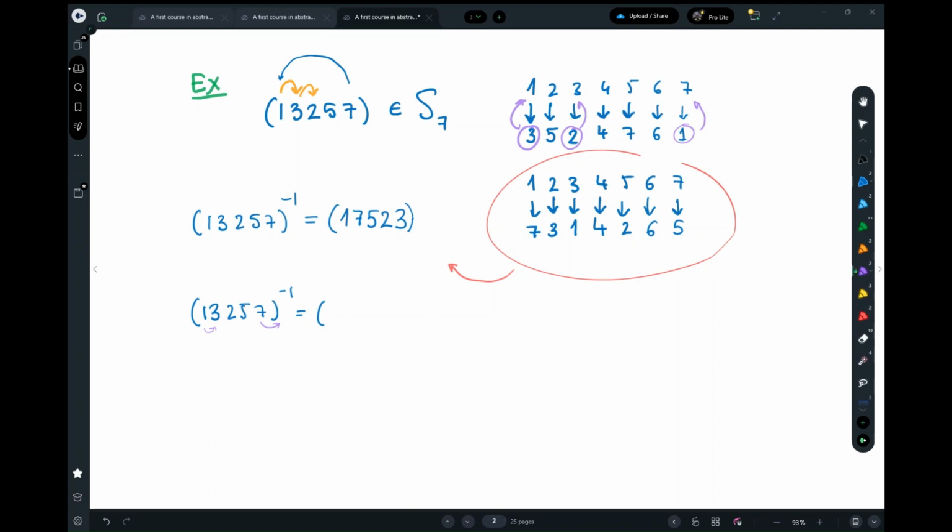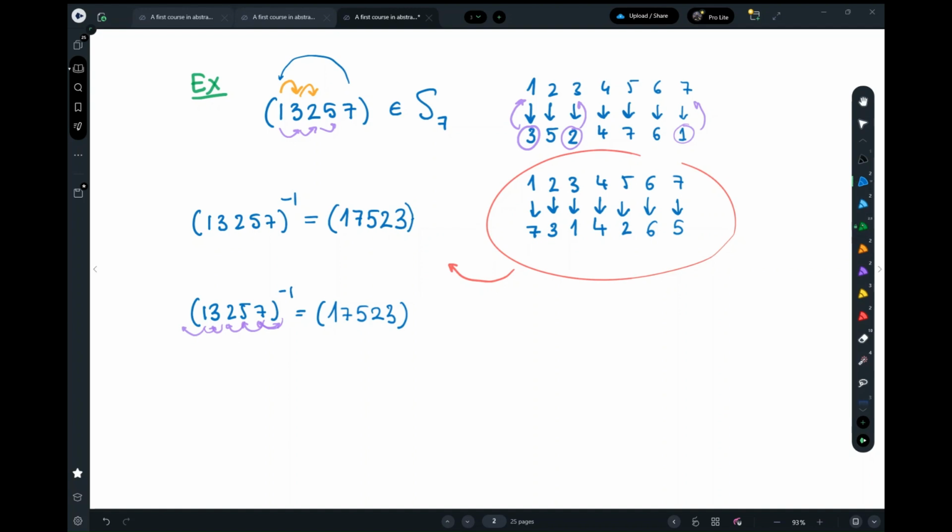Usually this notation means that 1 goes to 3, 3 goes to 2, 2 goes to 5. So I have to go in the other direction. So 1 goes to 7, 7 goes to 5, 5 goes to 2, 2 goes to 3, and 3 goes to 1, so it closes the cycle. So that needs to be the inverse.